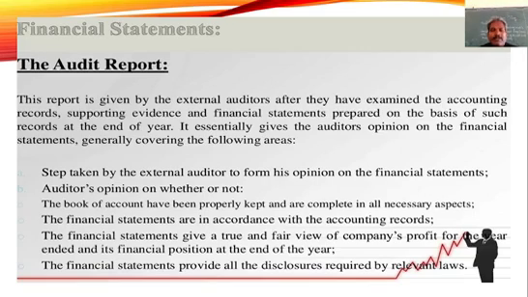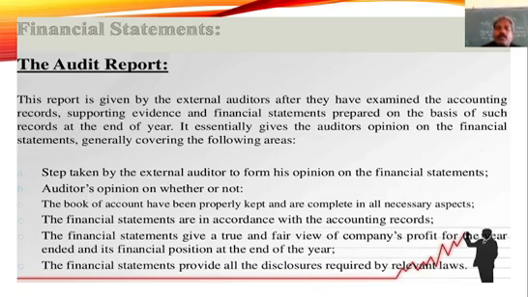The final part of financial statements: the audit report. What is an audit report? This report is given by an external auditor after they have examined the accounting records, supporting evidence, and financial statements prepared on the basis of such records at the end of each year. It essentially gives the auditor's opinion on the financial statements, generally covering the following areas.